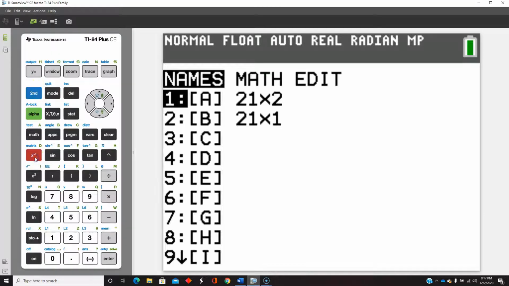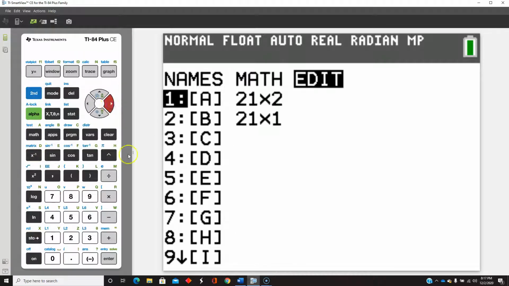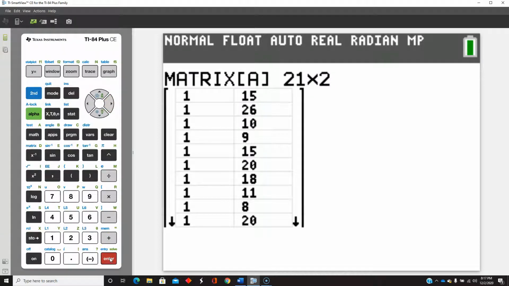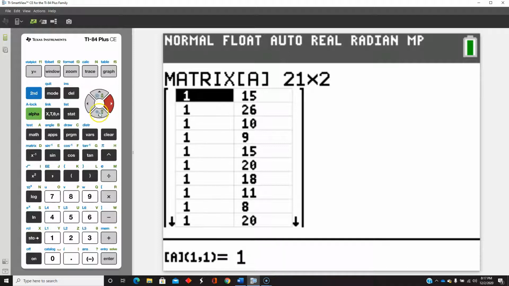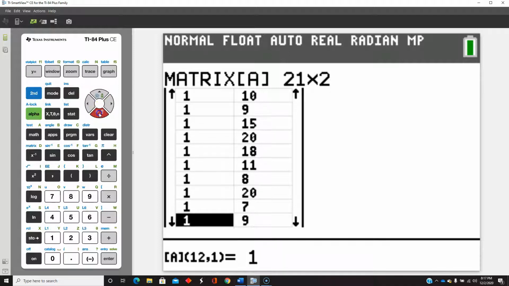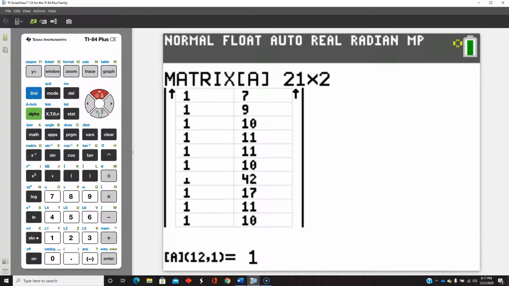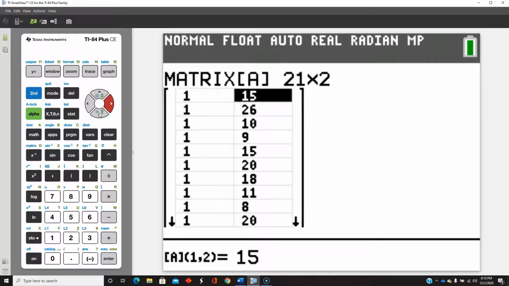Second matrix, edit, matrix A. You need matrix A to be a 21 by 2 matrix, and the first column is just nothing but ones, and the second column is going to be all the values of X. So in this case, all the values of the ages.